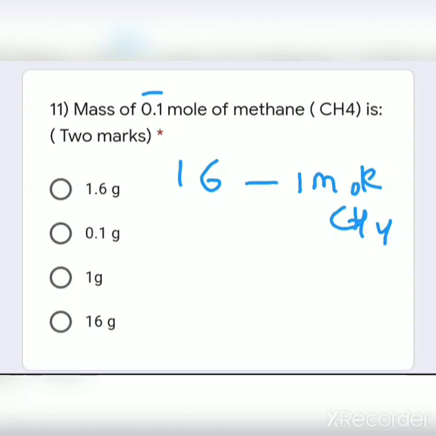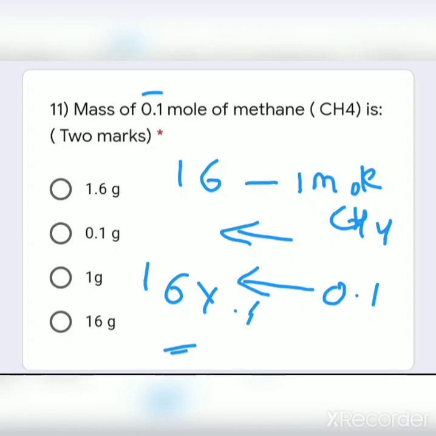For 1 mole the mass is 16. So how much will be the mass for 0.1 mole? That is 16 into 0.1, which gives the value 1.6. So the correct option is 1.6.